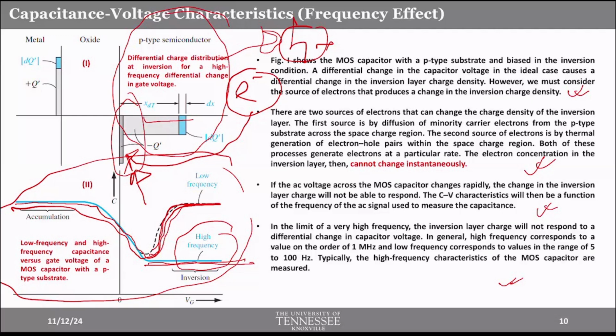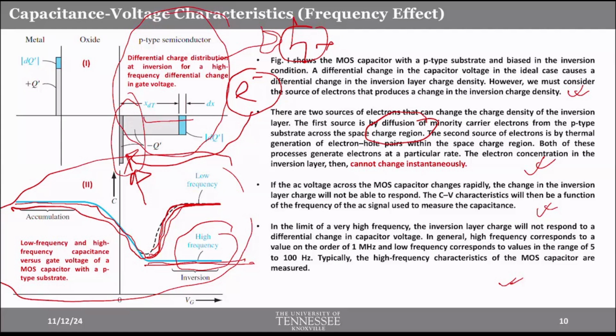Are you guys familiar with diffusion? Diffusion is when particles travel from one area to another area where they are not present. If you open a smoke or fragrance, it spreads throughout the room. How? Because the particles move to the place where they are not present, right? That's what diffusion is. And diffusion is a slow process.